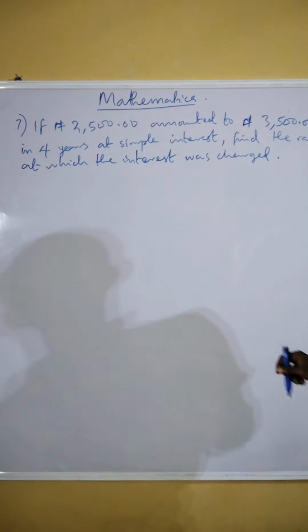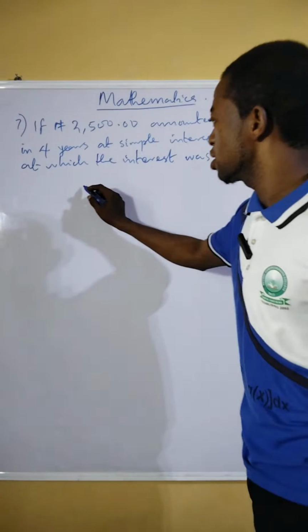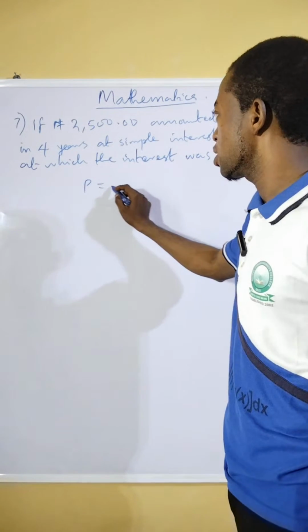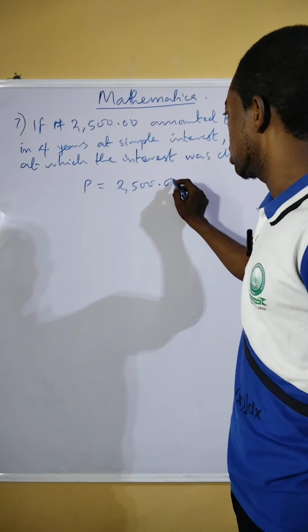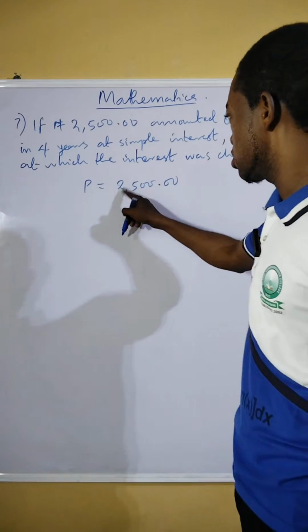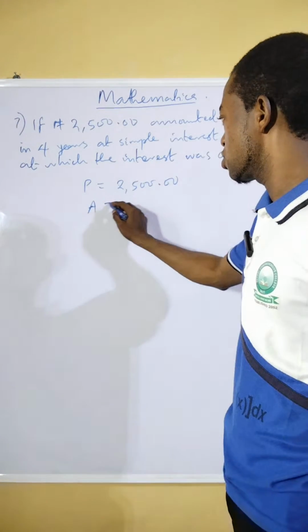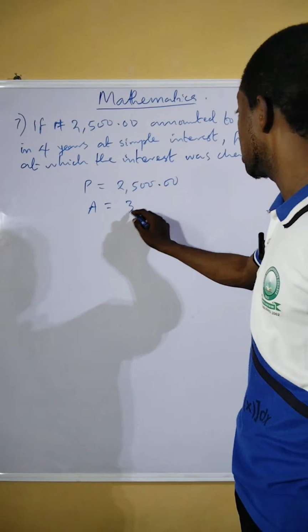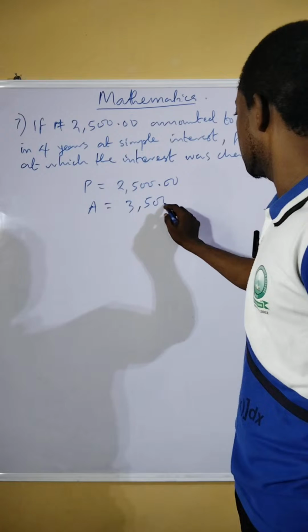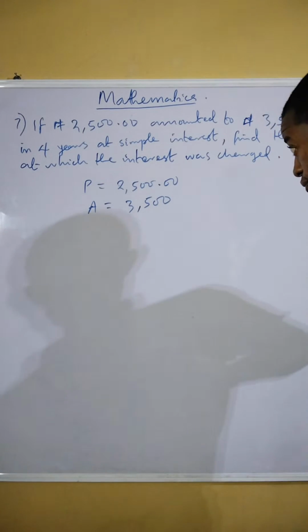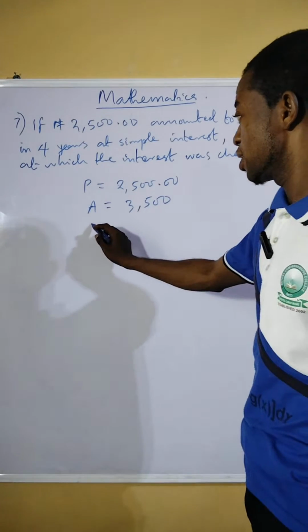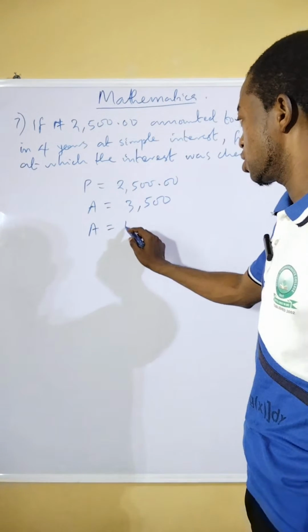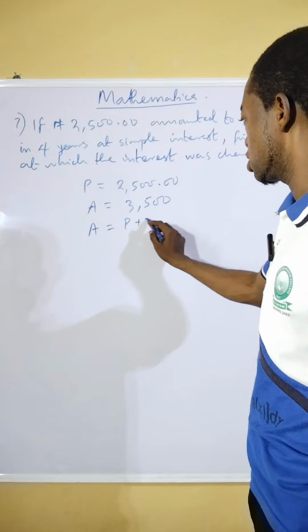This question is on simple interest. So we can list out the parameters. Here, principal is 2,500 naira. Now it amounts to, that means the amount at the end of the year, we have 3,500. And there's a relationship that amount equals principal plus interest.